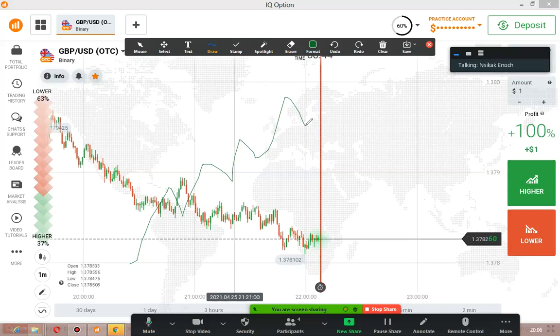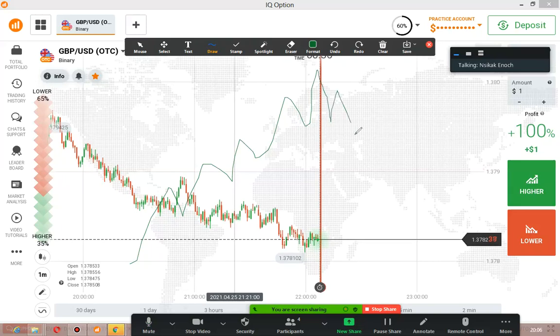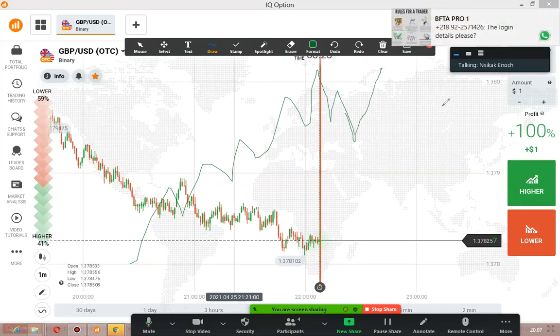But when you see something like a head and shoulder pattern, oh, this is first shoulder, this is the head, this is the second shoulder, then you expect the market to go down. But what happened? The market still continued going up. So that is why I said there are no specific rules.